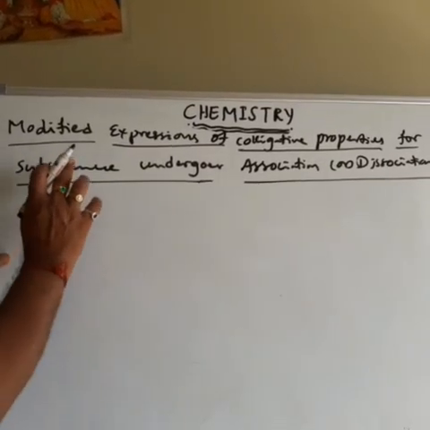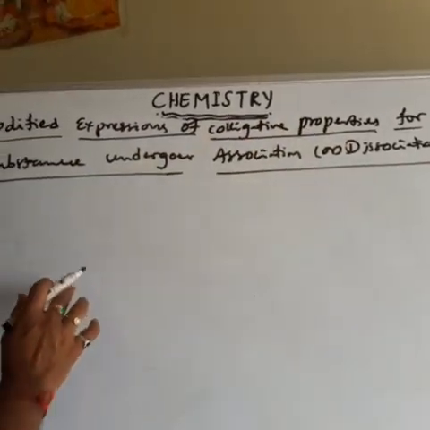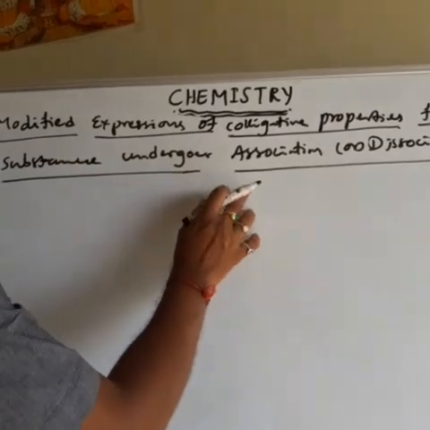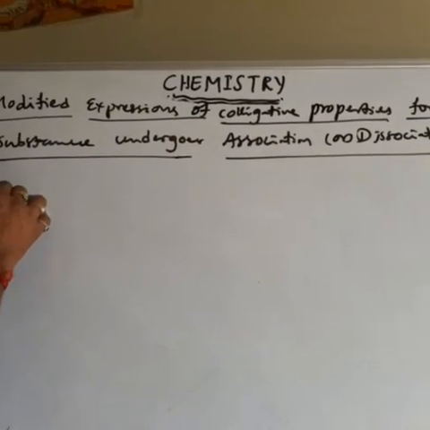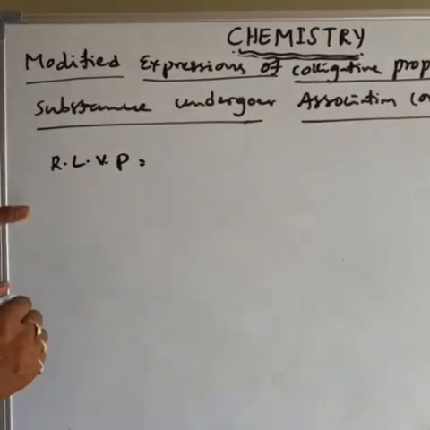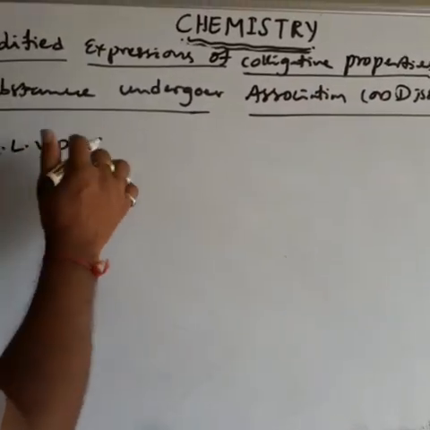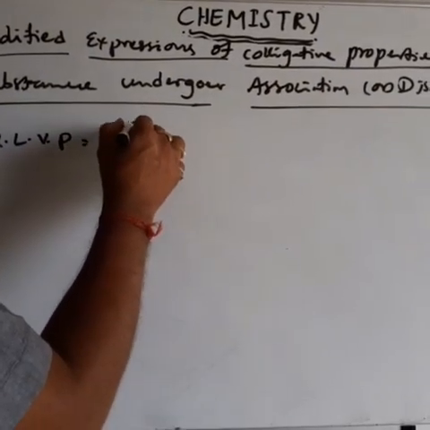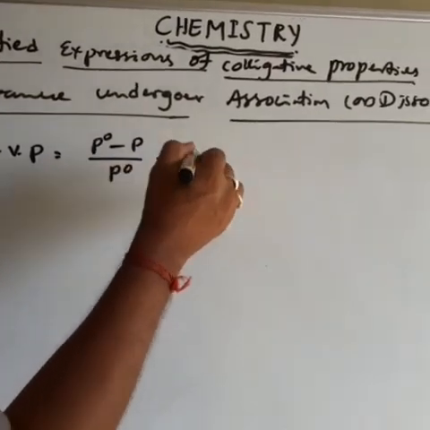The next topic is the modified expression of colligative properties for a substance that undergoes association or dissociation. First, the relative lowering of vapor pressure. Without association or dissociation, the relative lowering of vapor pressure is (P naught minus P) divided by P naught, equal to the mole fraction of solute.